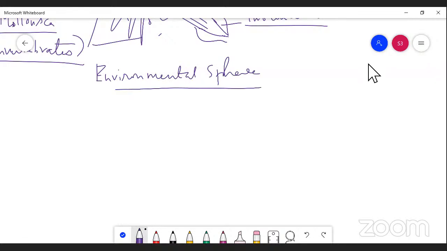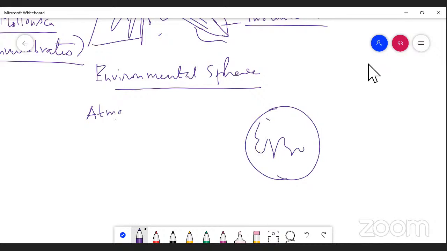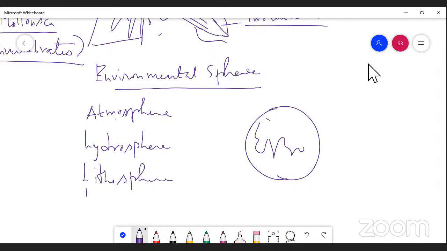The first one is the atmosphere, then the hydrosphere, the lithosphere, and then the biosphere.